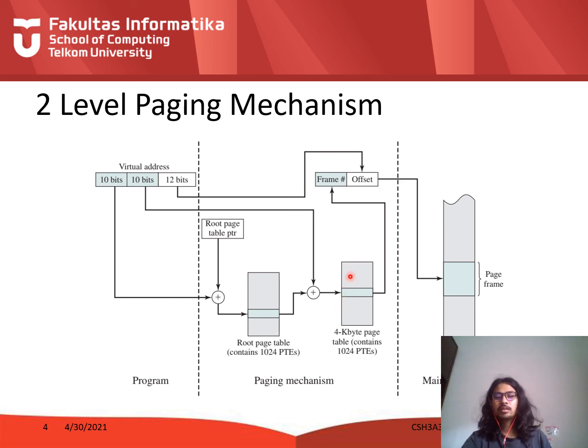So we find 20 bits, and this 20 bits is then combined with the 12-bit offset, creating a 32-bit address, and then that 32-bit address is used to search for a physical address that is inside the virtual memory. So that is the mechanism.